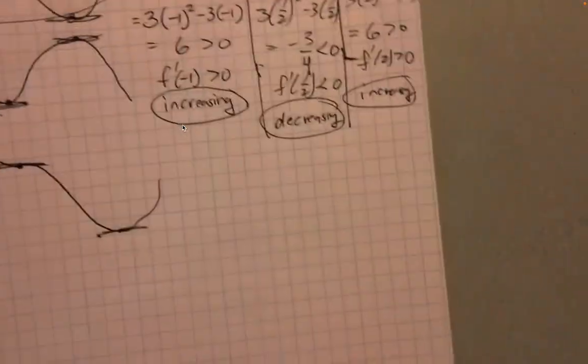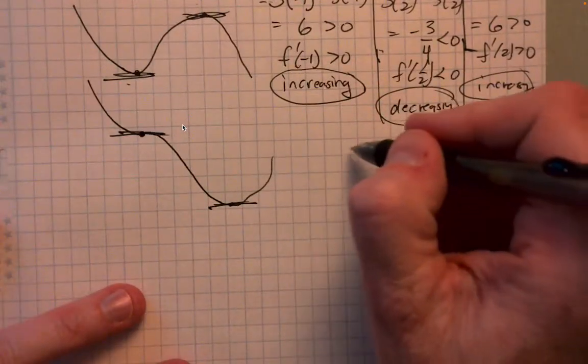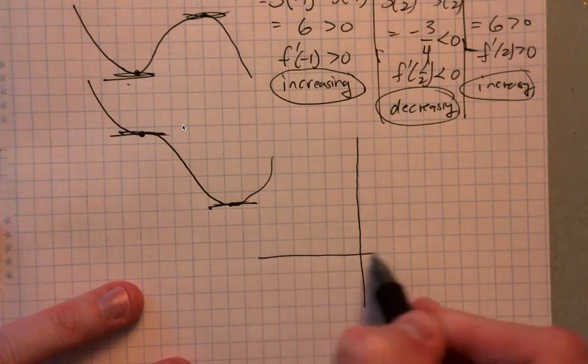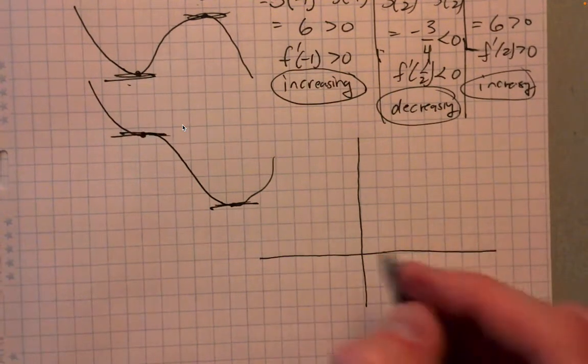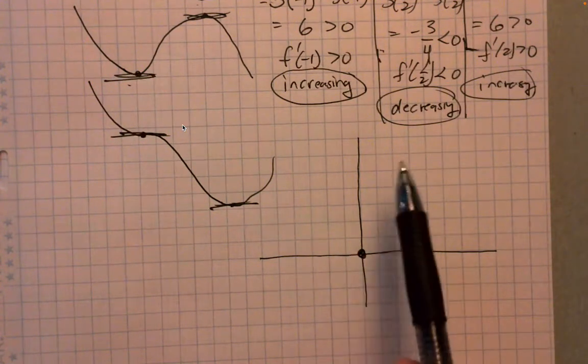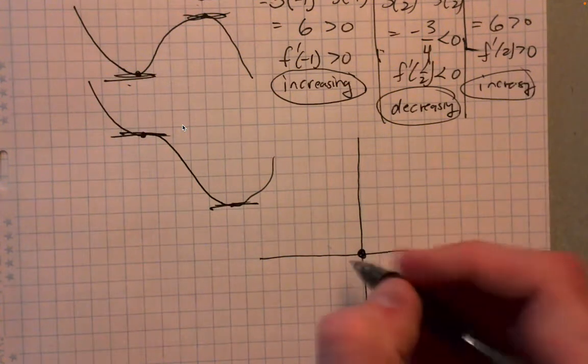Okay, let's plot this actual function here and see what this looks like. I've gone ahead and done that ahead of time to make it a little easier for us. So here's our 0, 0. So f of 0 is 0, right? And so you've got the 0, 0 point here.